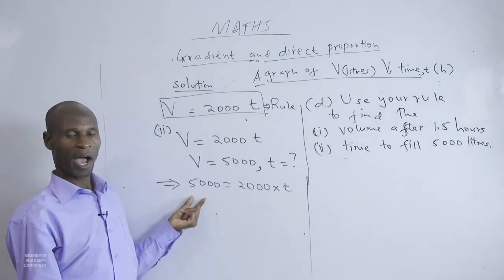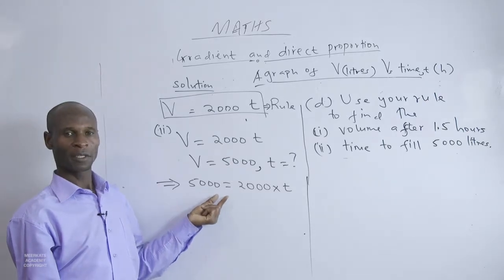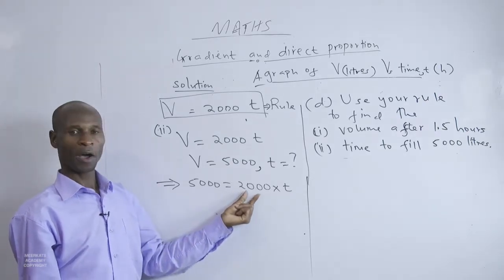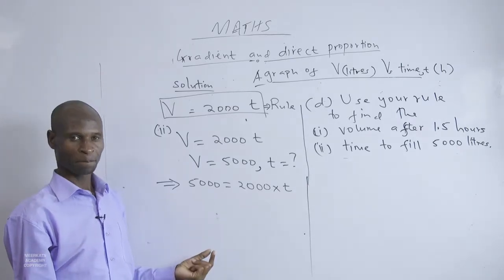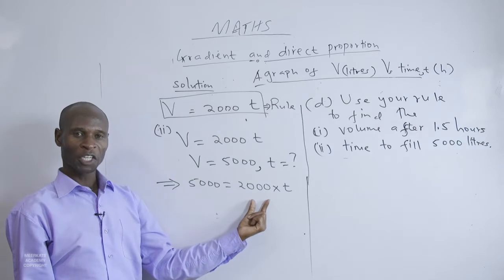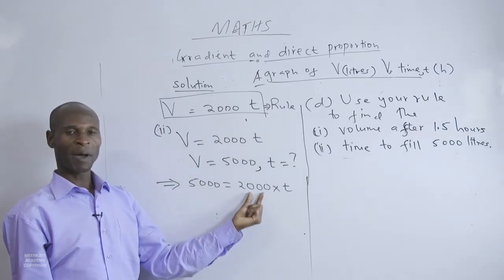That means 5,000 = 2,000 multiplied by t. Then solve for t. To solve for t, we divide both sides by 2,000.